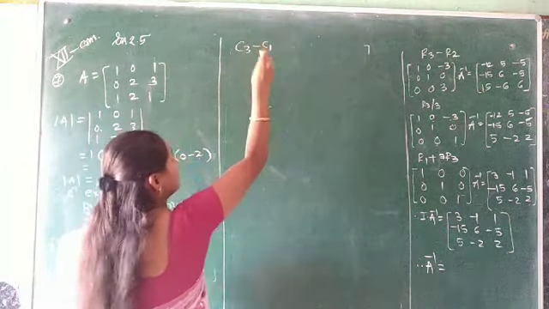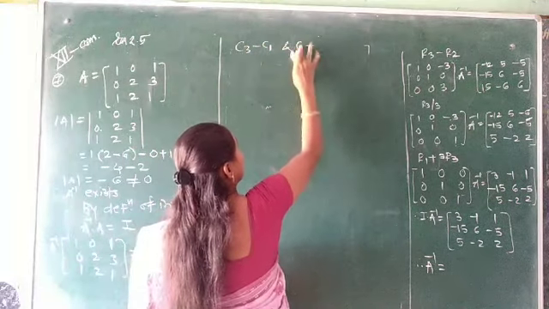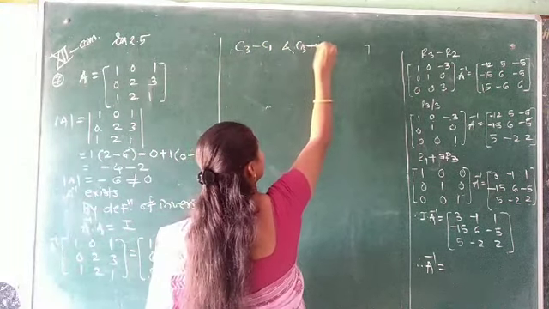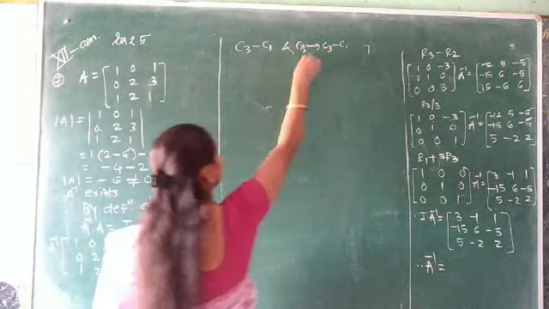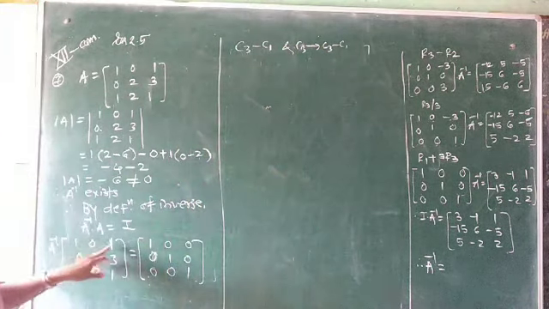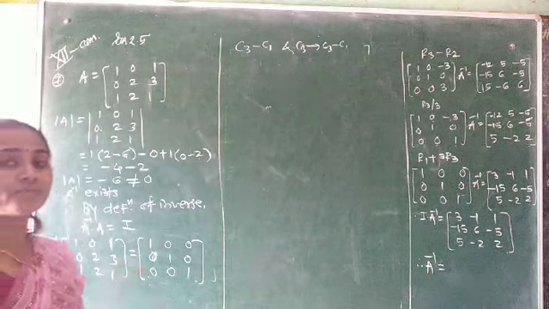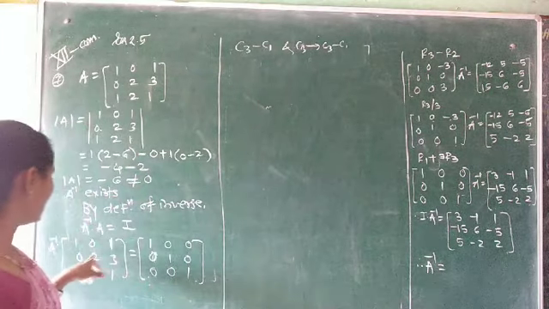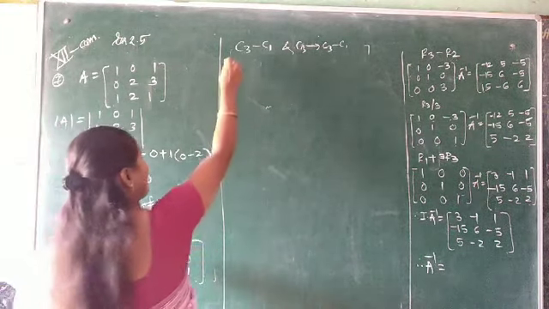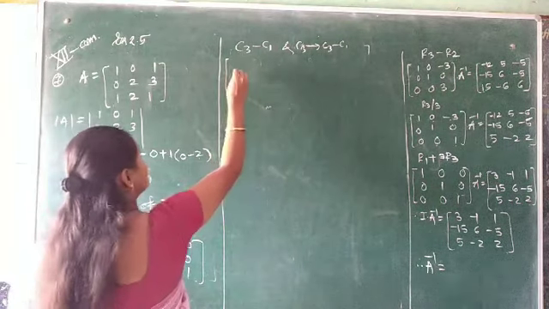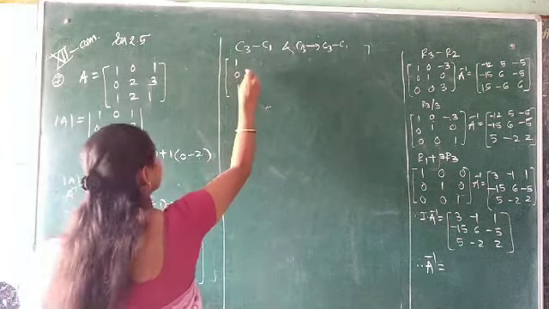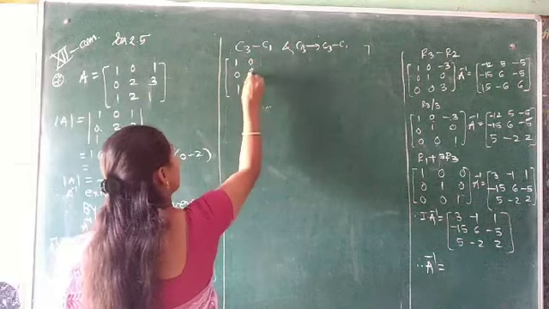C3 minus C1, it can also be written as C3 changes to C3 minus C1, the meaning of these two is the same. When we change C3, write C1 and C2 as it is: 1 0 1 and 0 2 2 as it is.